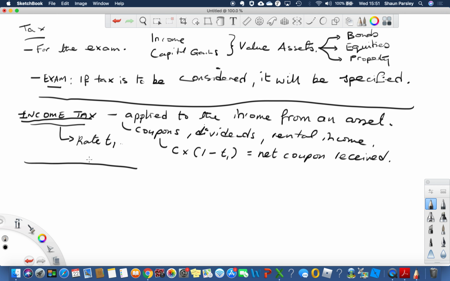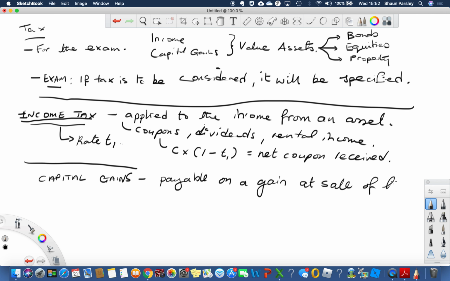Now, capital gains. So this is payable on a gain at sale of the asset.